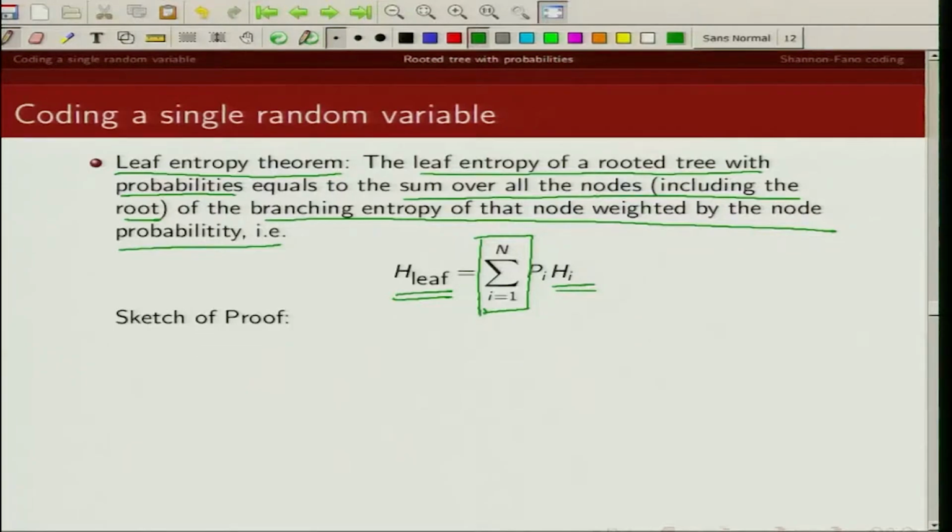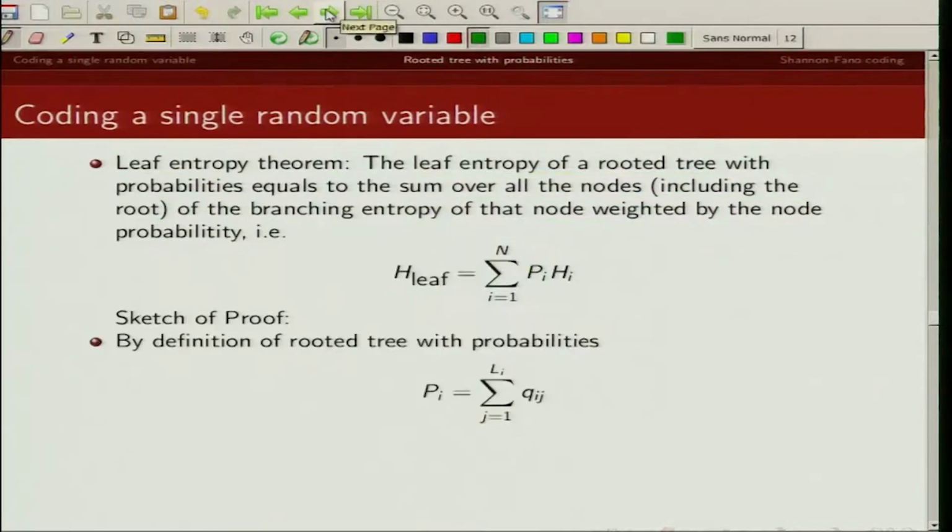Let's try to prove this result. By definition, the probability of a node is nothing but the sum of probabilities of its leaves or nodes at depth 1 from that particular node.